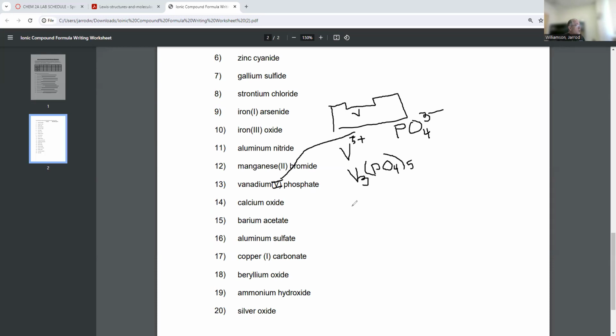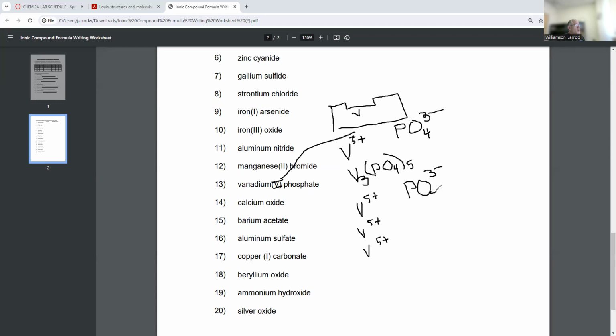Let's do it the long way. V with a 5+, V with a 5+, V with a 5+. That's +15. PO4 with a 3-.